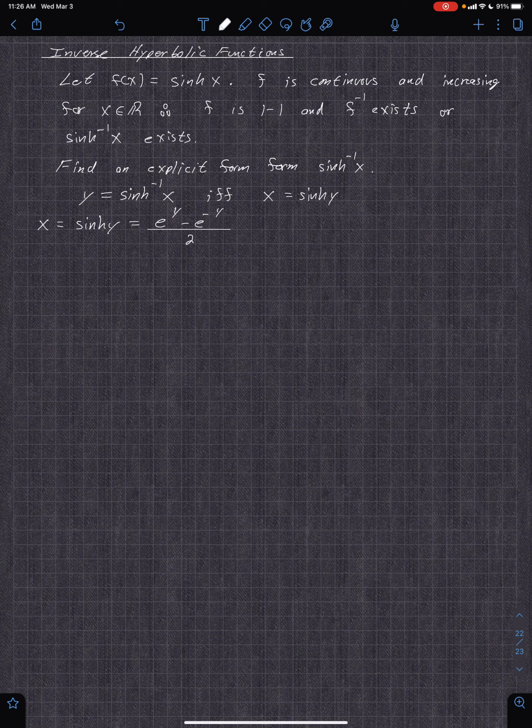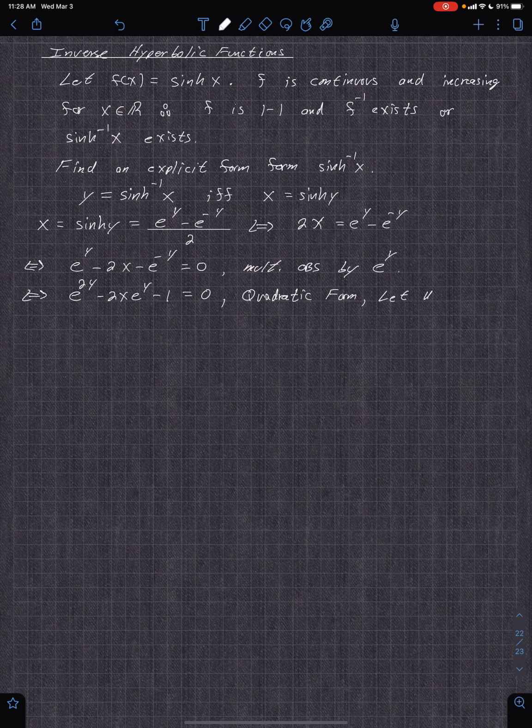Okay, do you recognize that form? This is quadratic form. We can let u be e to the y. Then you get u squared minus 2xu minus 1 equal to 0.